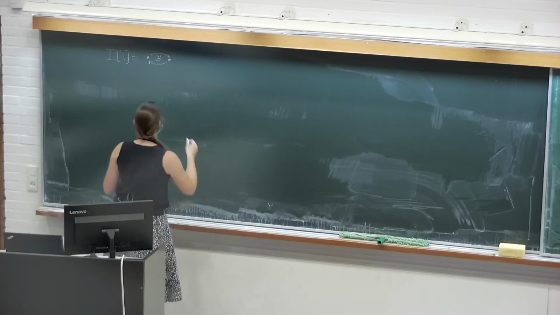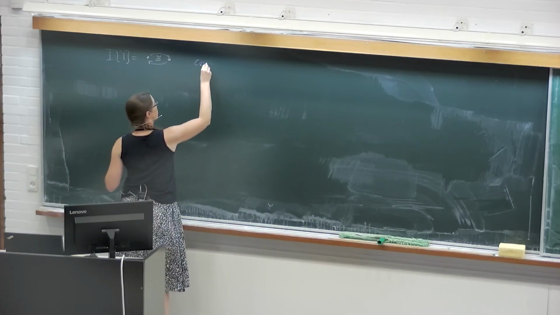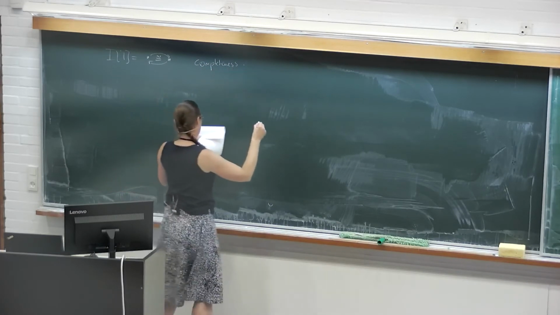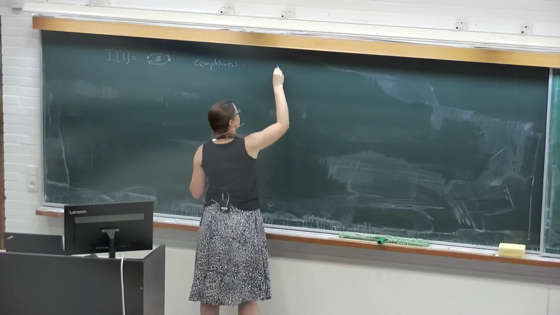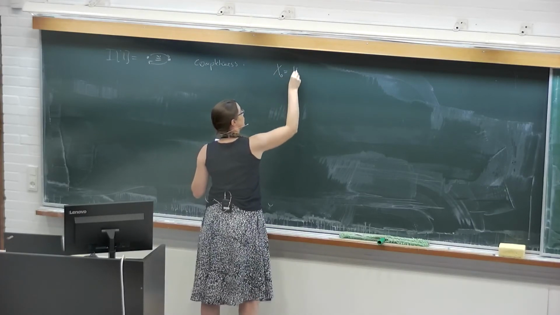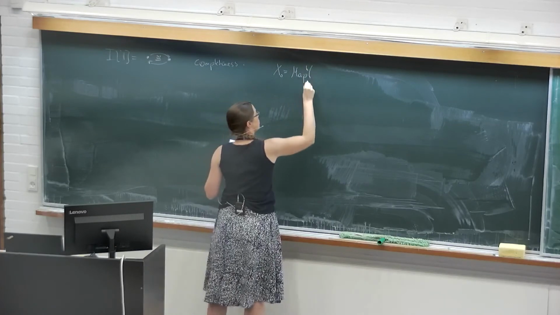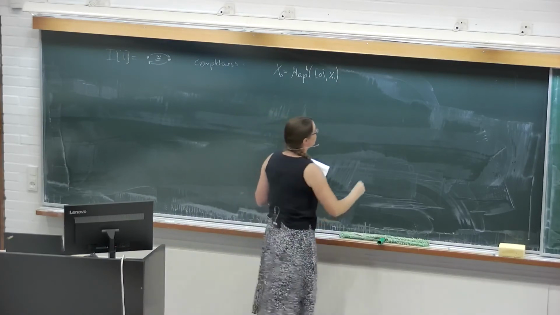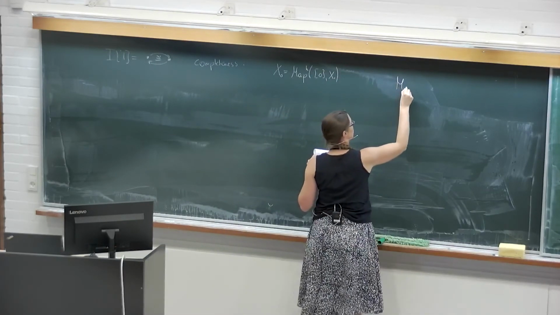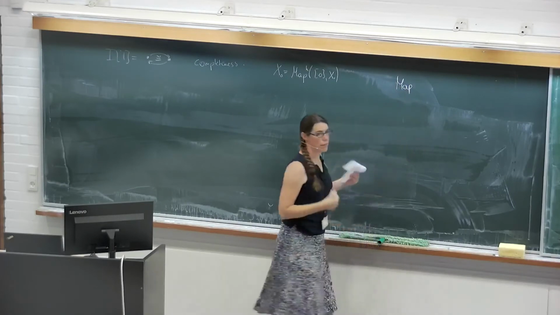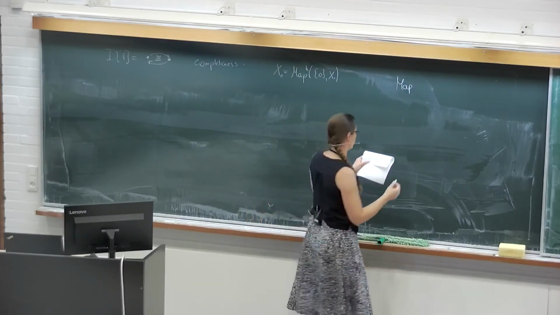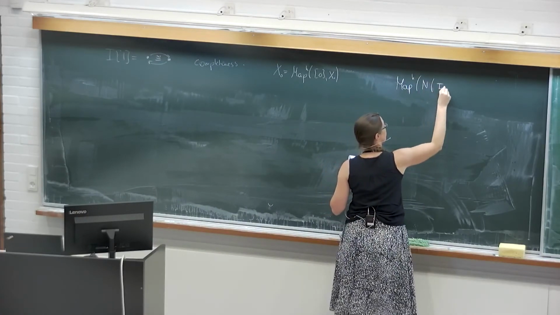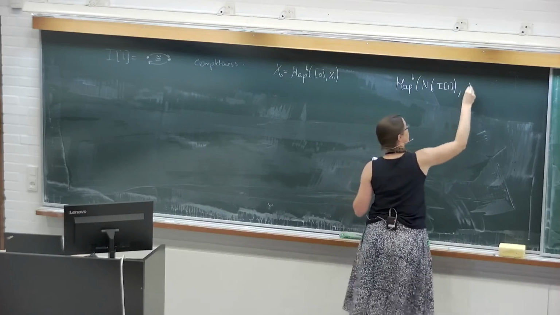And so completeness can be reformulated by saying, well, my x0 is the derived mapping space from 0 to x. And then if I want to look at the space of invertible morphisms, that would be the derived mapping space from the nerve of this thing into x.